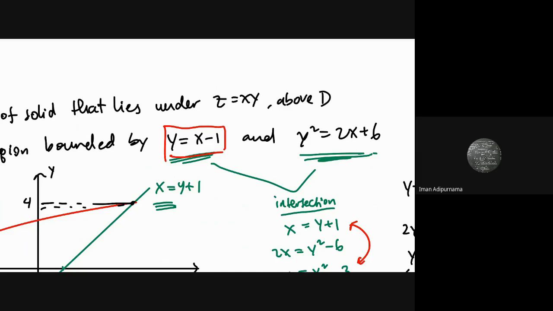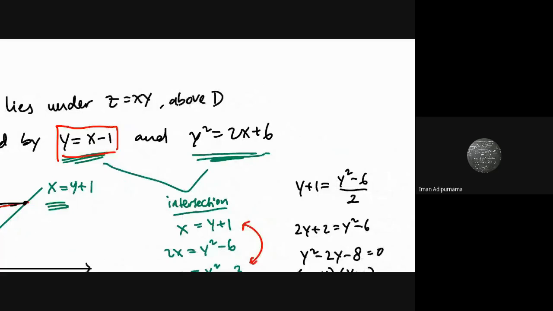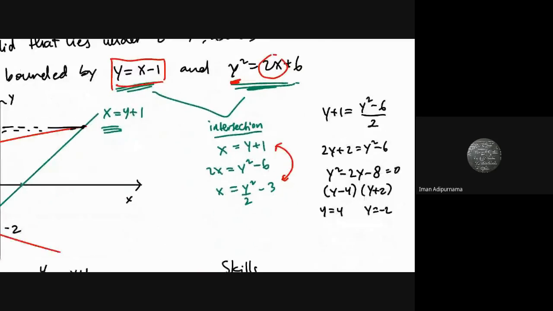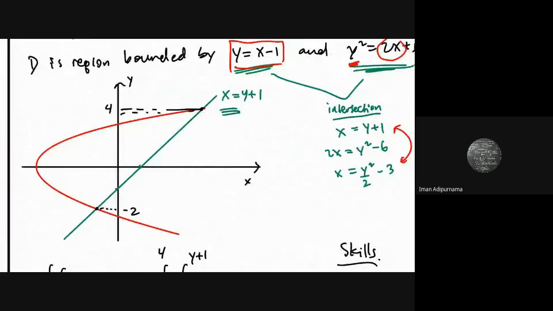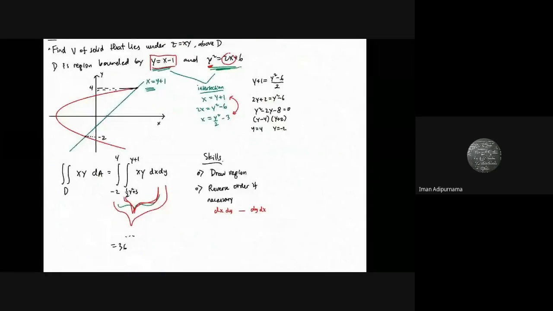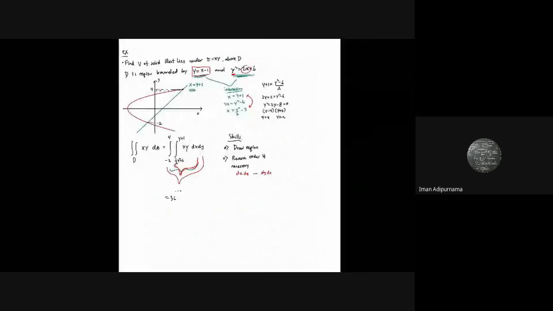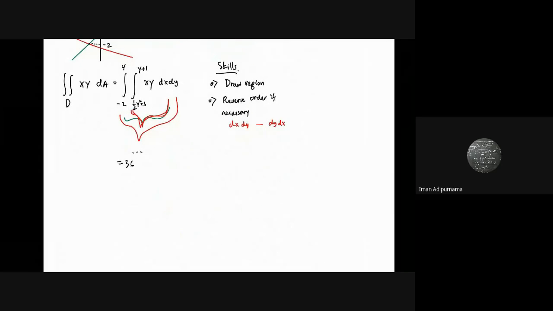But then the second one, you are looking at y squared, so it's better to have x as your function. So those are the skills you might need: draw the region and reverse the order if necessary.